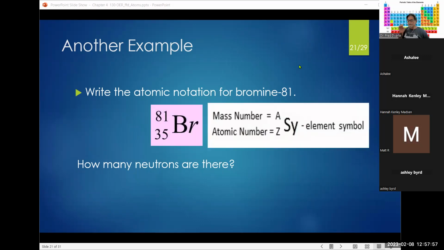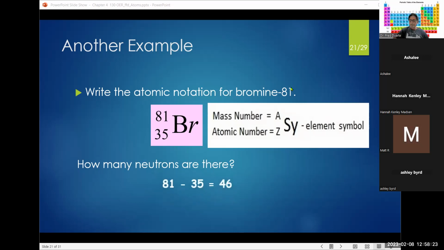And just remember that the mass number is always a whole number, just like the atomic number. The only decimal number here is the atomic weight. And so the atomic weight doesn't belong anywhere in the atomic notation of the elements.